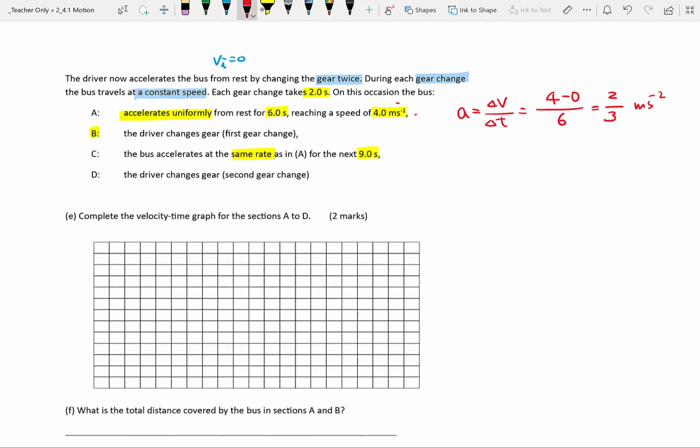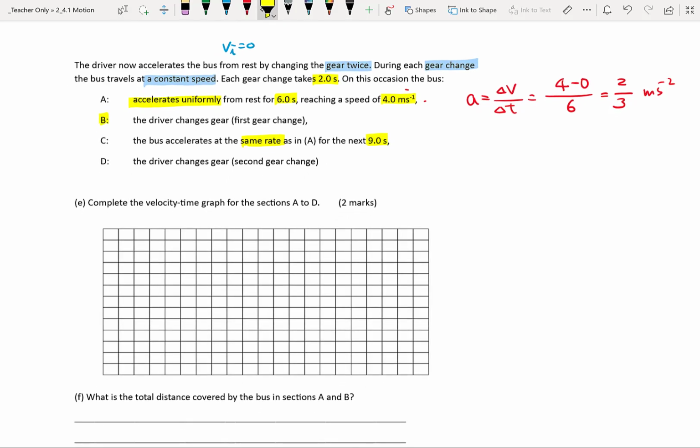Now we need to draw the VT diagram, the velocity time graph from A to D. So we do some planning. I have 6 seconds for A, then a 2 second gear change, then the next 9 seconds, and then another gear change for 2 seconds. In total, how long does it take? 6, 8, 17, 19 seconds.